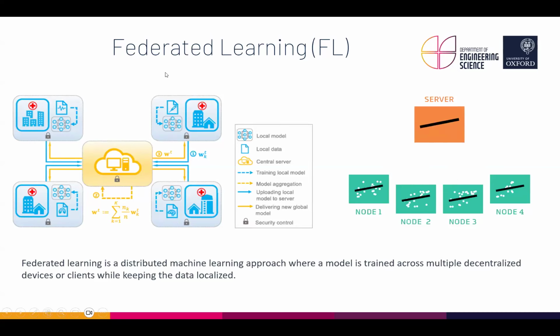And then after one round of training, it's collected in the server. And then we aggregate the models in the server, and then we send the aggregated or the global model back to these different edge devices or the client devices.